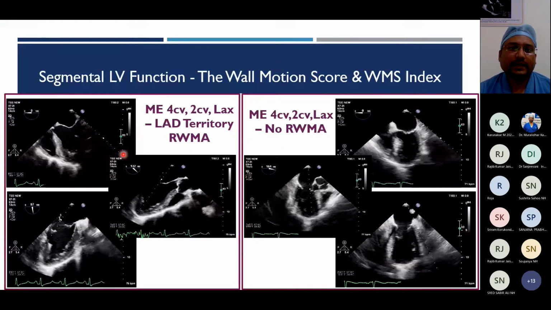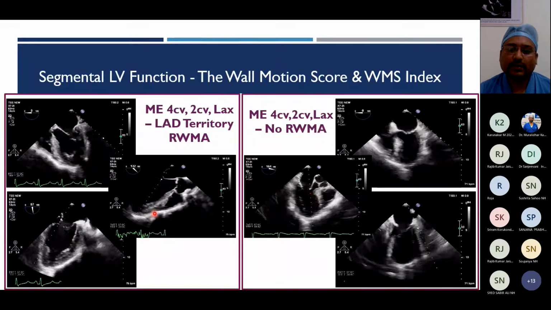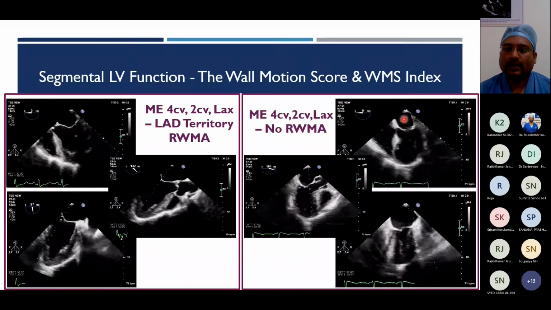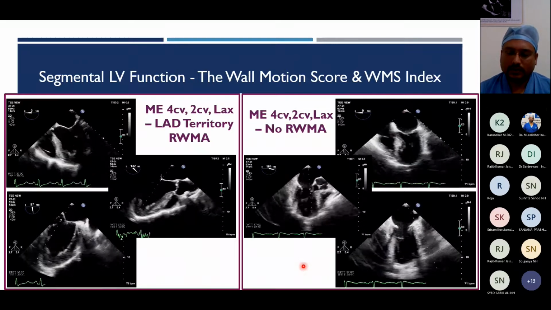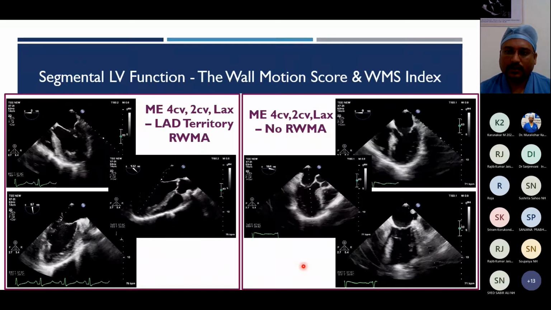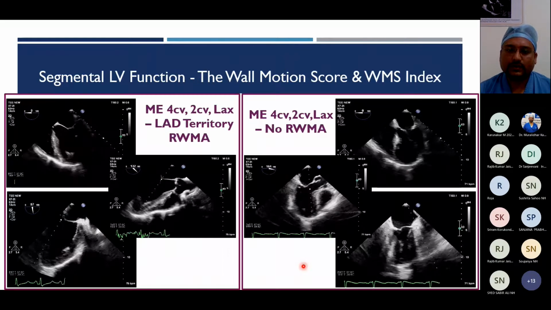Here there is a LAD territory infarct showing regional wall motion abnormality, and here is the normal LV function patient with no regional wall motion abnormality. So you can judge the difference yourself.